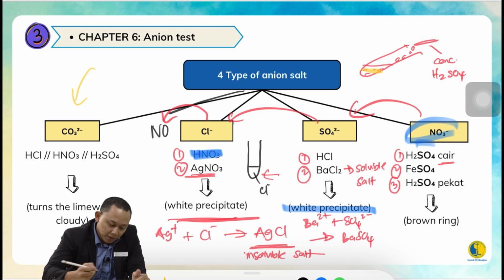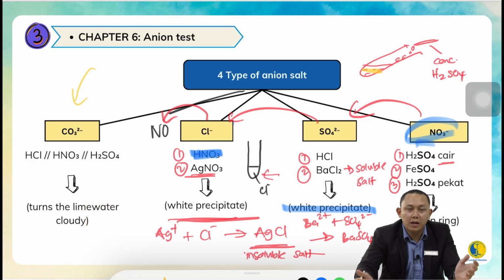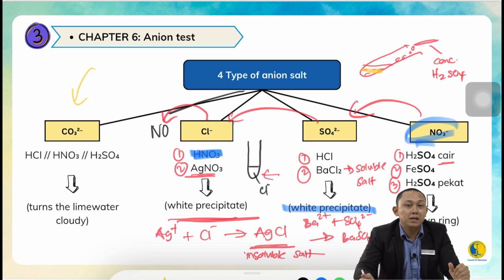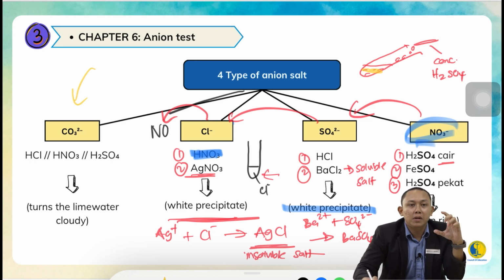Now look at our last anion, which is carbonate. Carbonate is very simple, very easy. The step you need to do is just add an acid into the sample, and you can see effervescence happen in the sample. Effervescence is like fizzy small bubbles being produced.